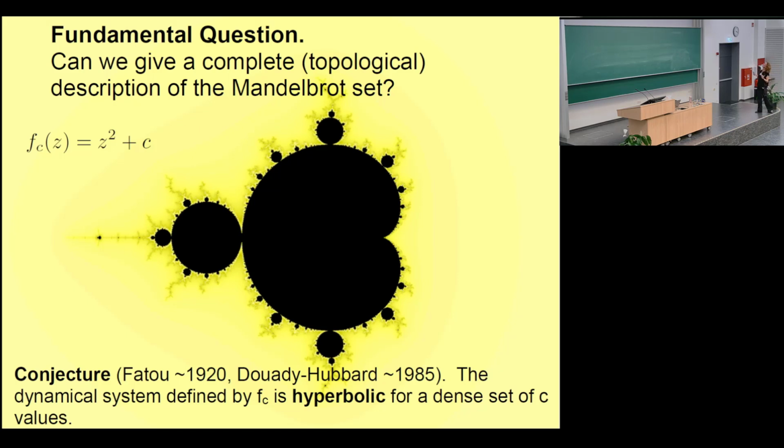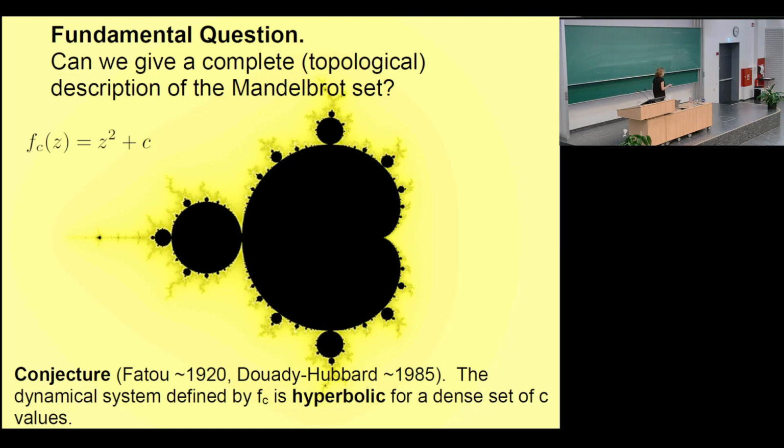Can we give a complete topological description of the Mandelbrot set? One way to make that precise is a conjecture that dates back to the work of Fatou more than 100 years ago, and was revisited in the work of Douady and Hubbard in approximately 1985.